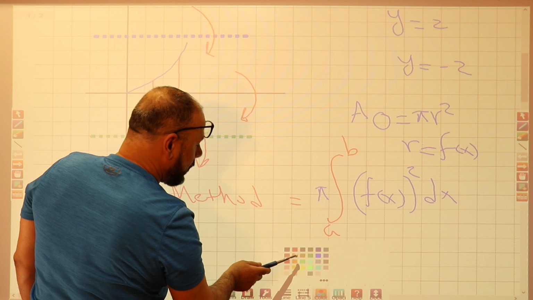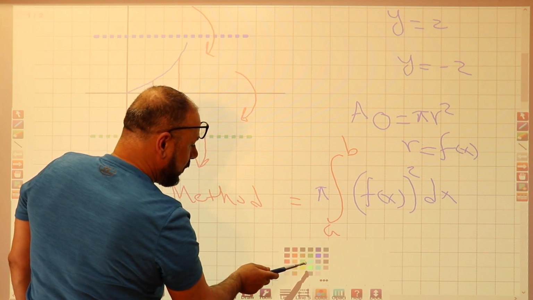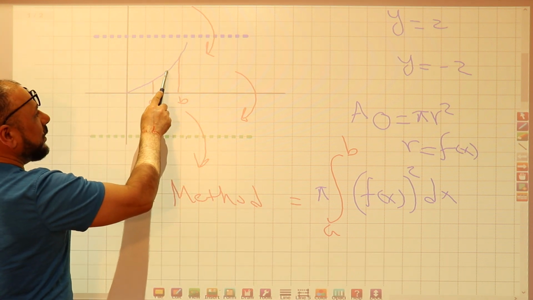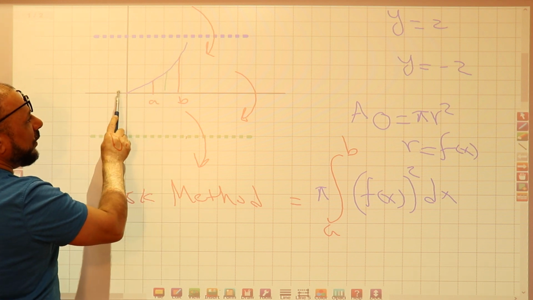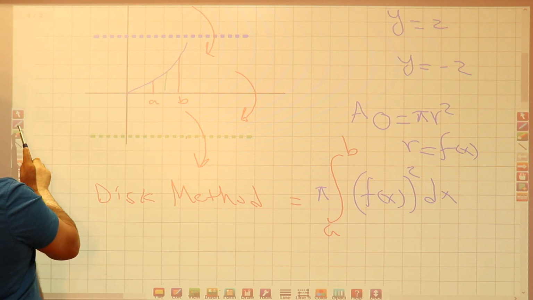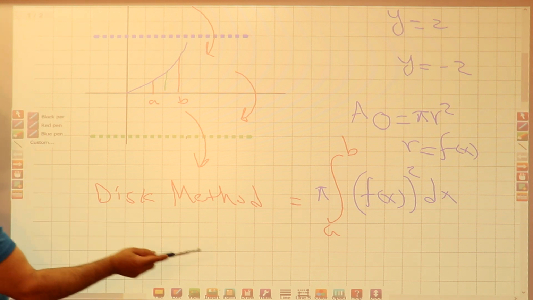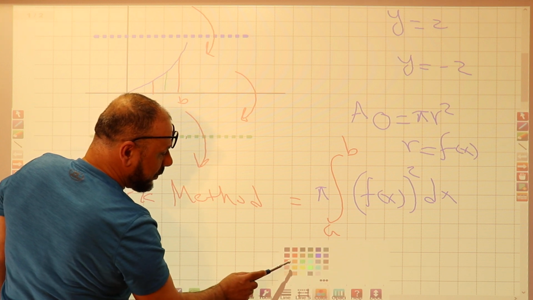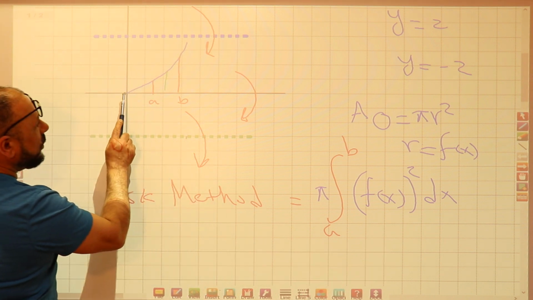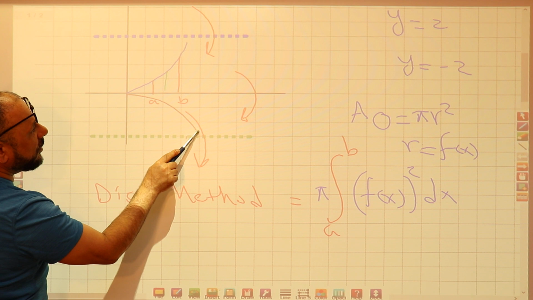If you take a cross section, let me make it right from here to here, and revolve it about the x-axis, look what's going to happen. We're going to have a small disk like a circle. Let me just use a different color than the blue and show you the revolving. You see this guy here will be like this.